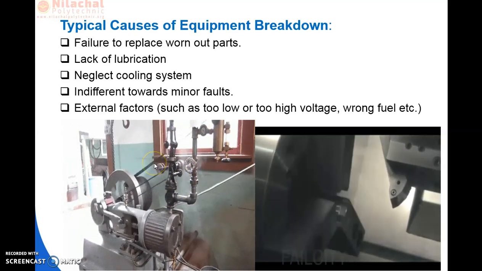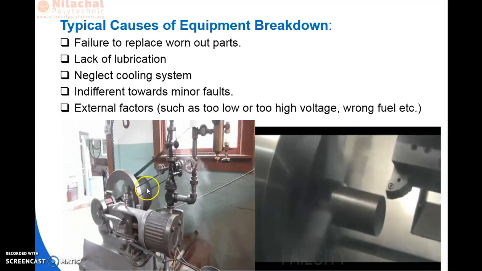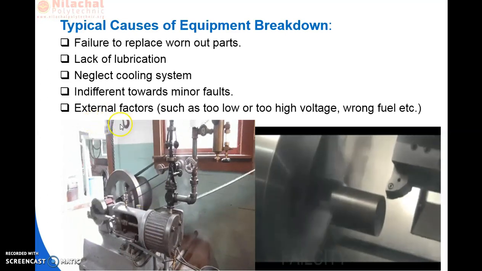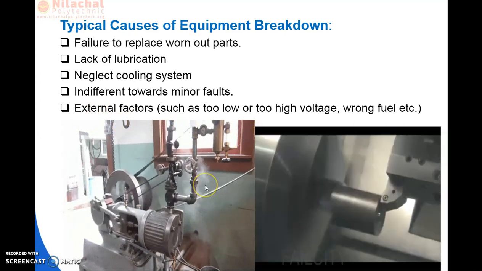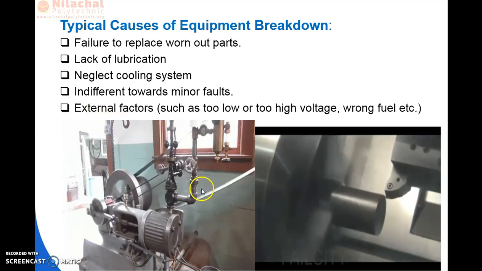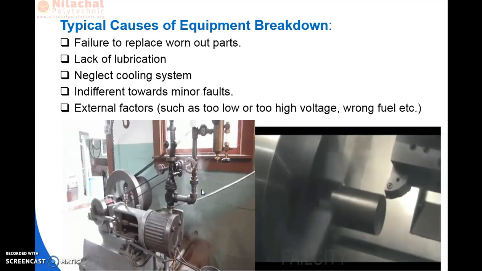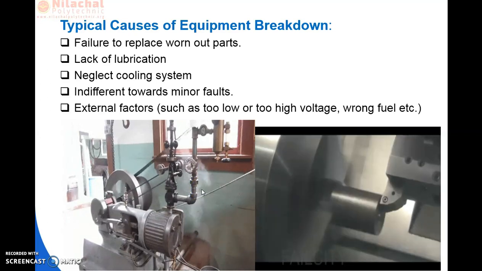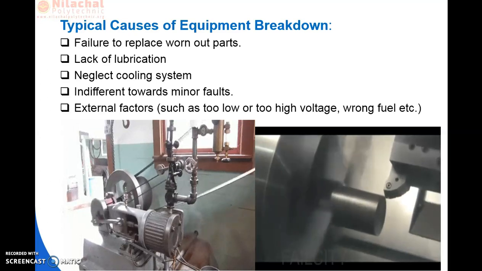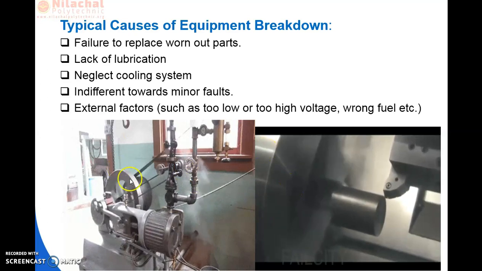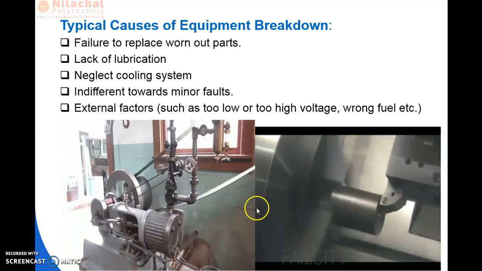Here the belt has already loosened and is not winding upon the pulleys. External causes include fluctuation of voltage, high voltage and low voltage. There are also different lubricants, and using thick lubricants for the machining operation always creates problems.